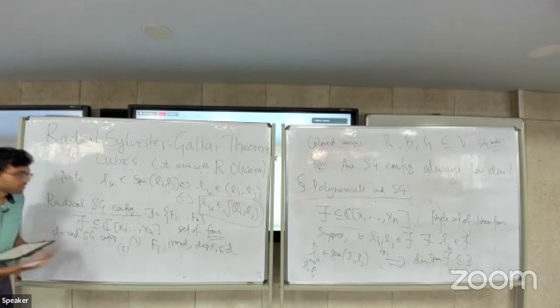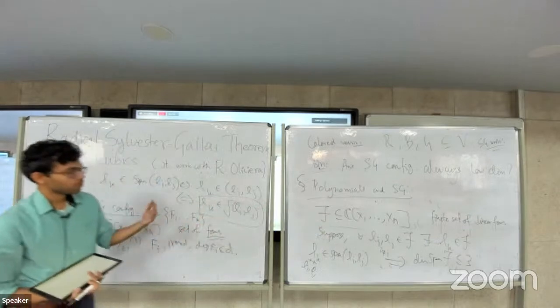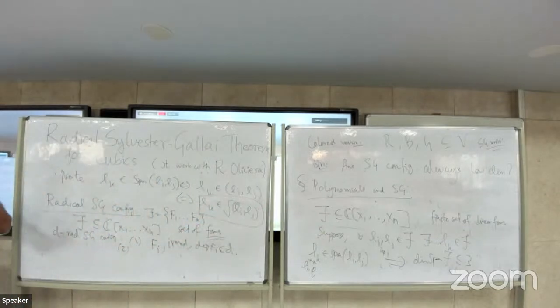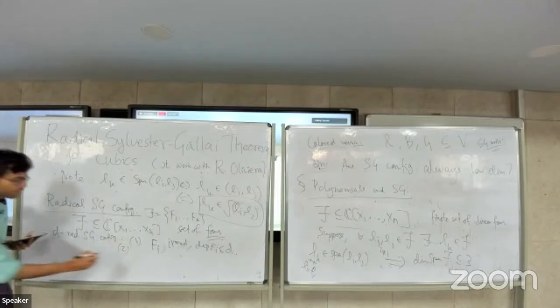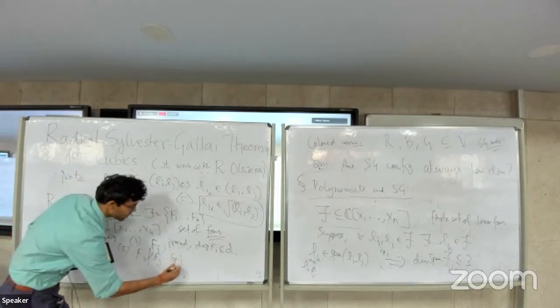And number two, I want that the forms don't divide each other, so they're not in the same point of projective space, they're different points. So we want Fi does not divide Fj for i not equal to j.